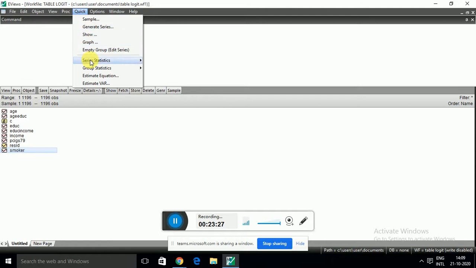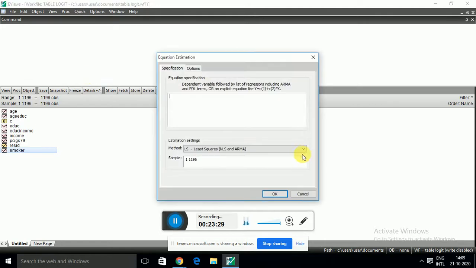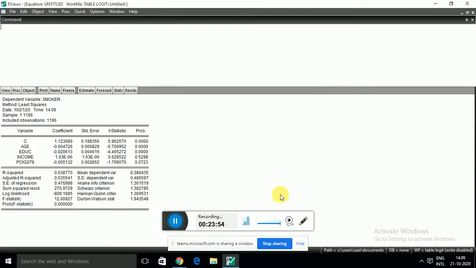Now let's first generate this equation, and estimate it to see what happens if I run just an ordinary least squares. So the ordinary least squares has age, education, income, and price of cigarette. Okay, now if I do this, this is the result I get.